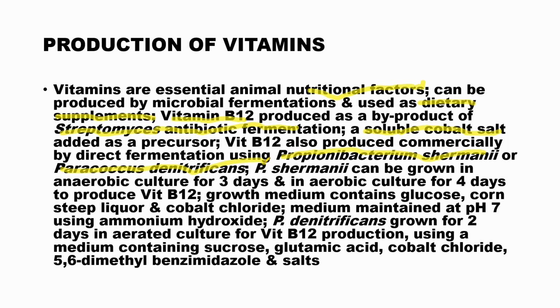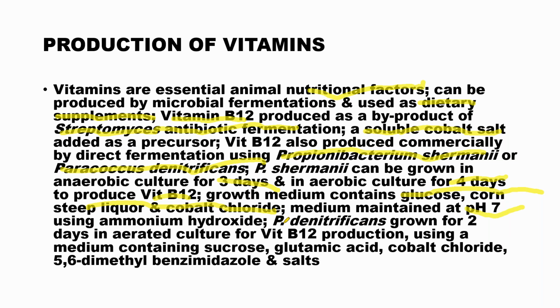In the first case, Propionibacterium shermanii is grown in an anaerobic culture for 3 days, then in aerobic culture for 4 days to produce vitamin B12. The growth medium contains glucose, corn steep liquor, and cobalt chloride. These components act as carbon, nitrogen, and phosphorus sources. The medium is maintained at pH 7 using ammonium hydroxide.